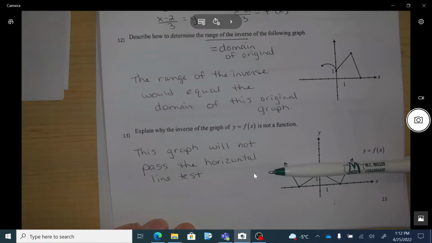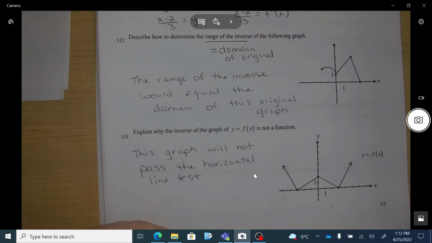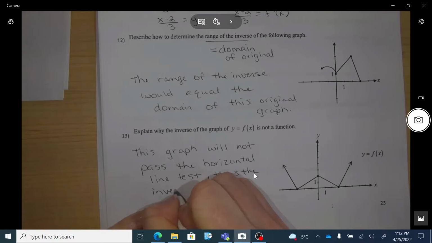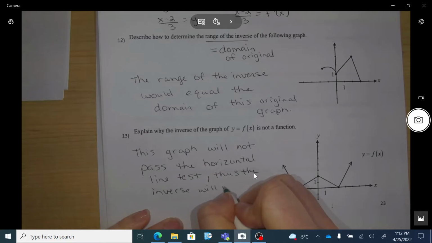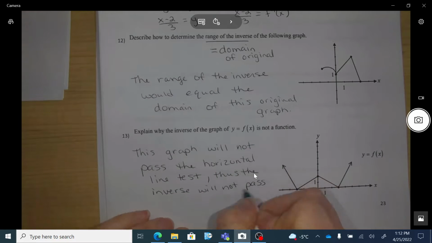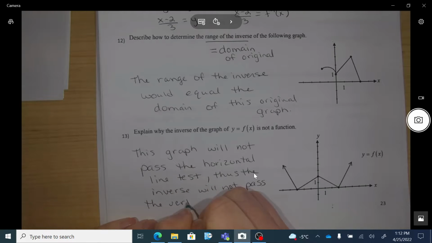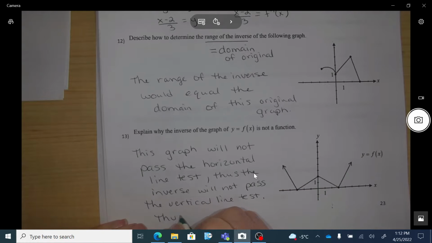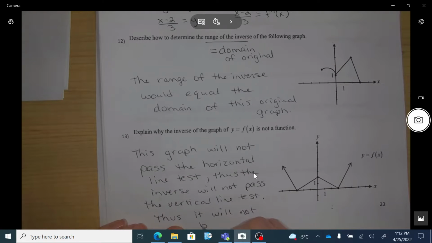The horizontal line goes through 2 points or more. Thus, the inverse will not pass the vertical line test. Thus, it will not be a function.